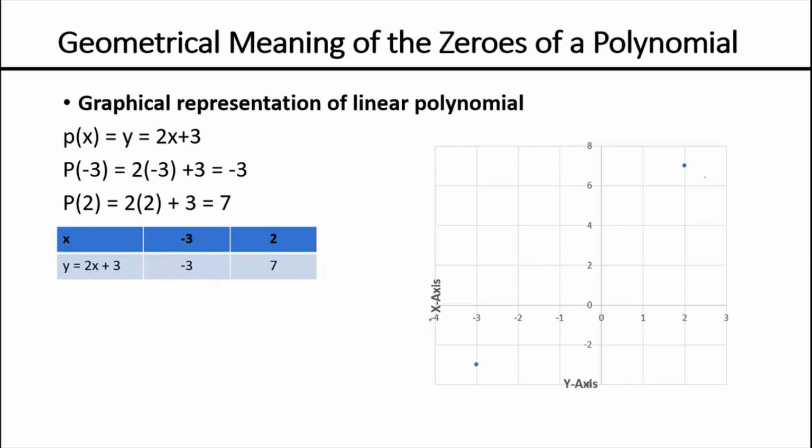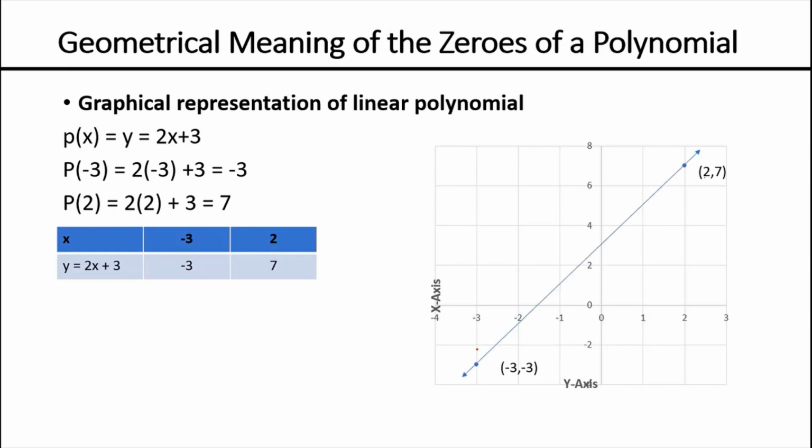To plot this point, we move left by 3 units. This is x = -3, and we go down south by another 3 units. So we get this point as (-3, -3). Similarly, we can plot the other point as (2, 7).